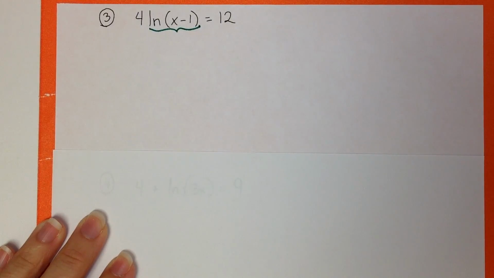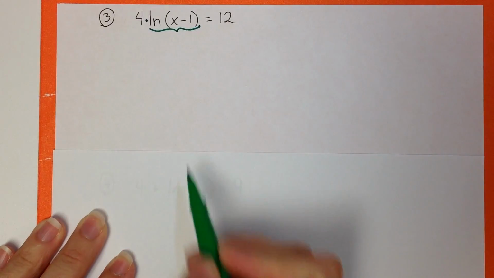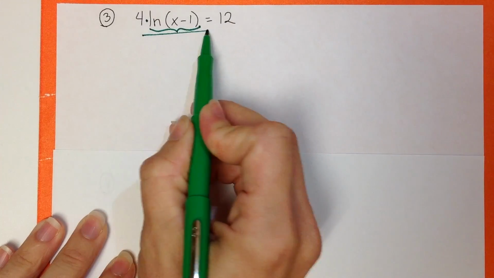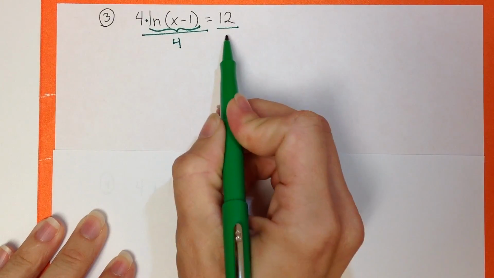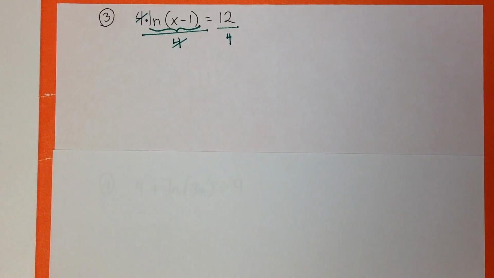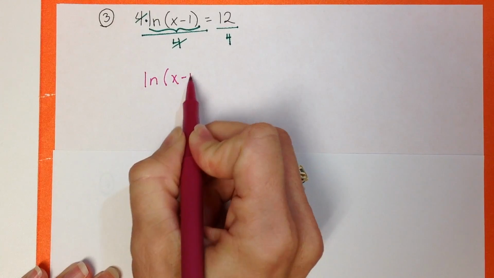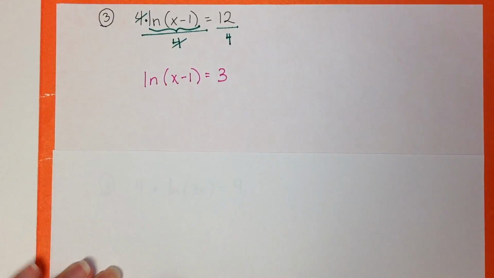So you need it to be by itself. Since the 4 is being multiplied times the log, your first step here would be to divide both sides by 4. So your 4's cancel, and we end up with the natural log of x minus 1 is equal to 3.